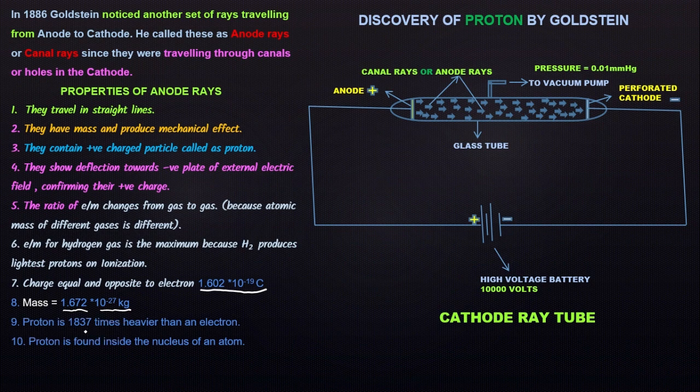Proton is 1837 times heavier than an electron. Proton is found inside the nucleus, whereas electron is found outside the nucleus, revolving around the protons. So proton is found inside the nucleus of an atom.